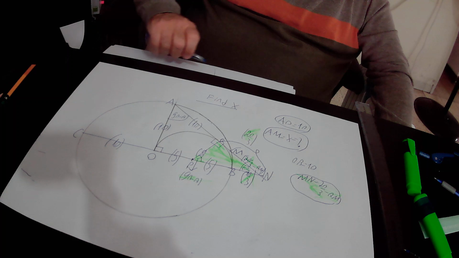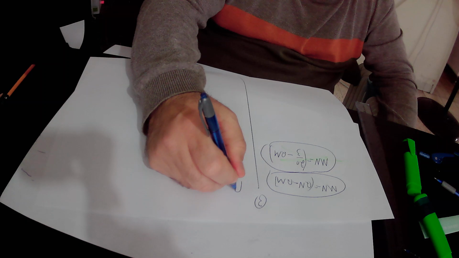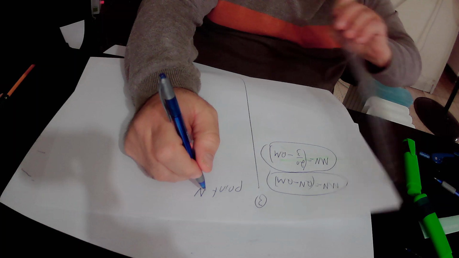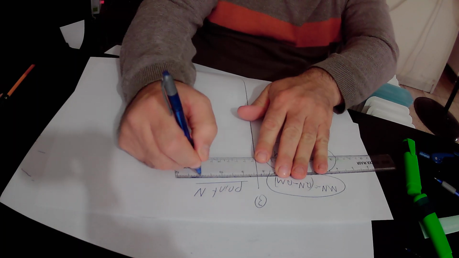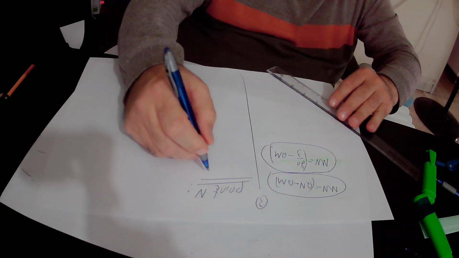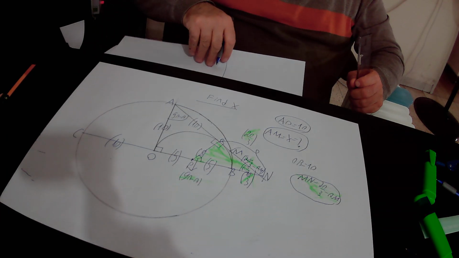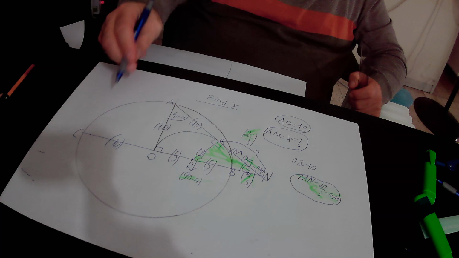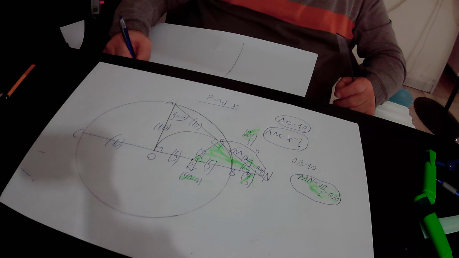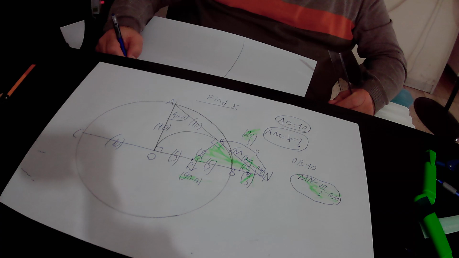So I write it down. From the common point N, we can implement rule number 14. According to rule number 14, NB times NC equals NM times NA.